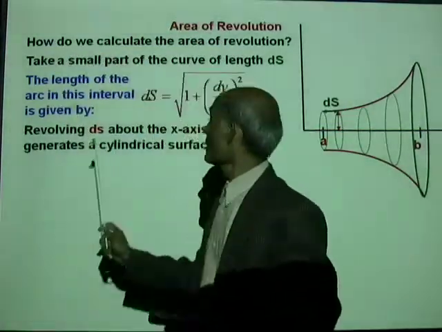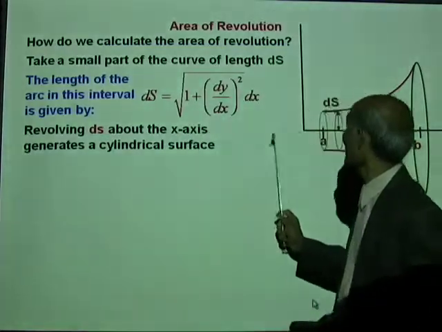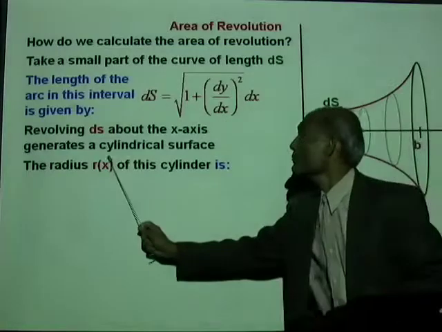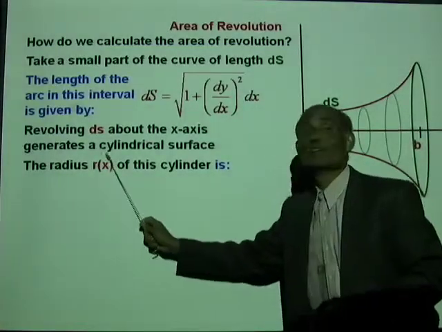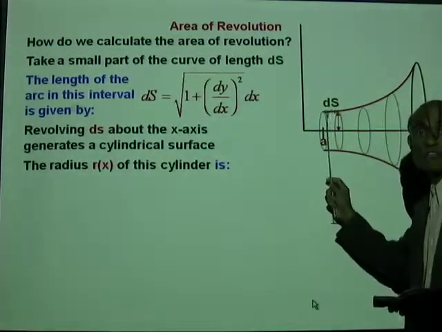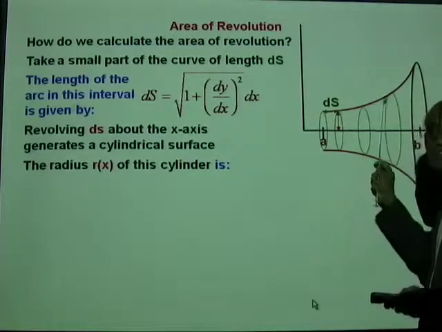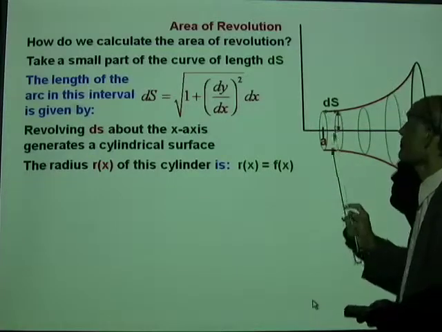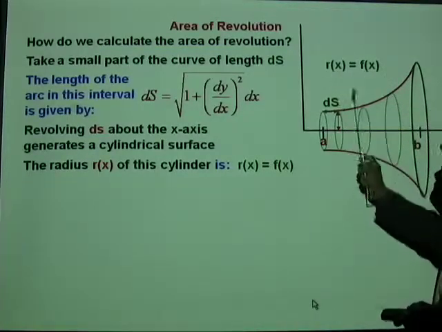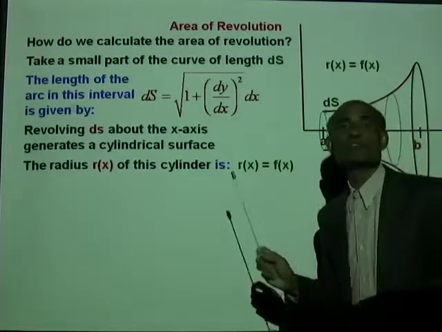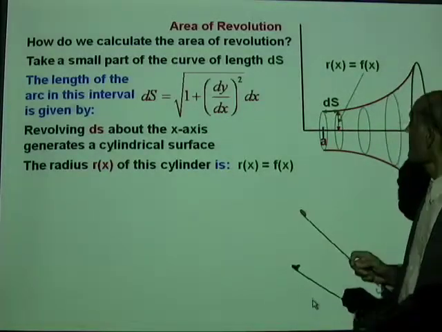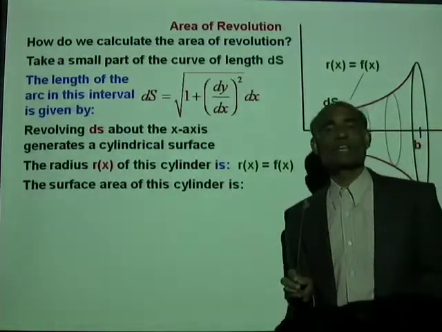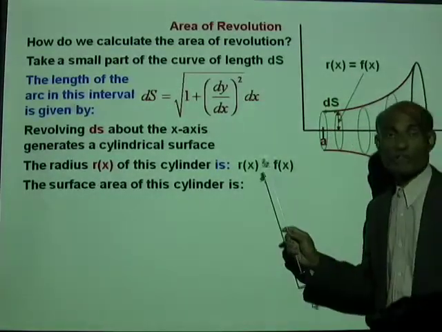So once again, revolving ds about the x-axis generates a cylinder of radius r of x. The radius r of x is that distance, which is the function itself, r of x equal to f of x. So the radius of each of the cylinders is f of x. Okay, the surface area of this cylinder, you remember how we got it?